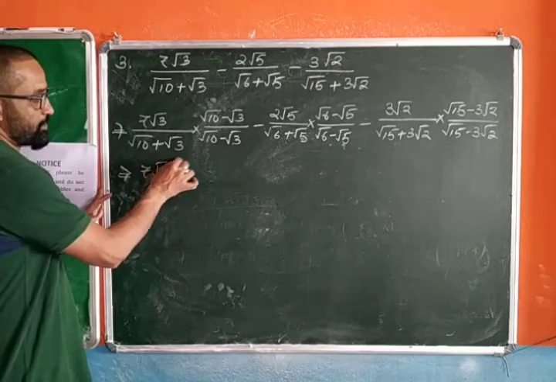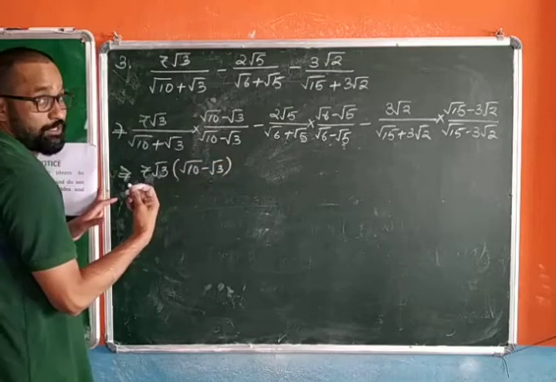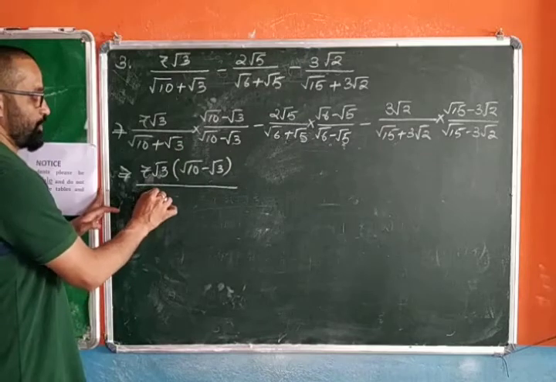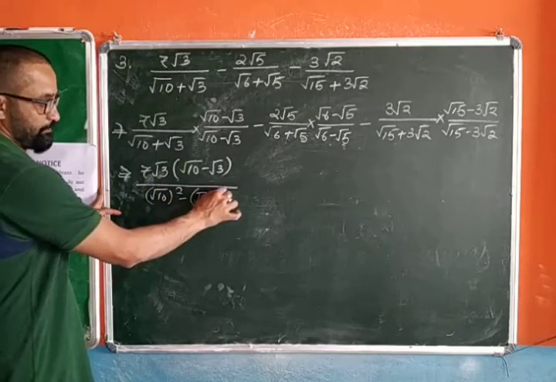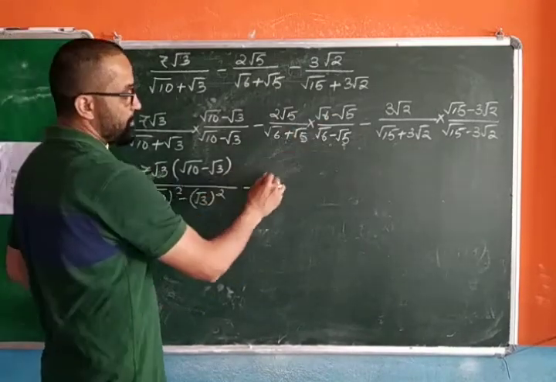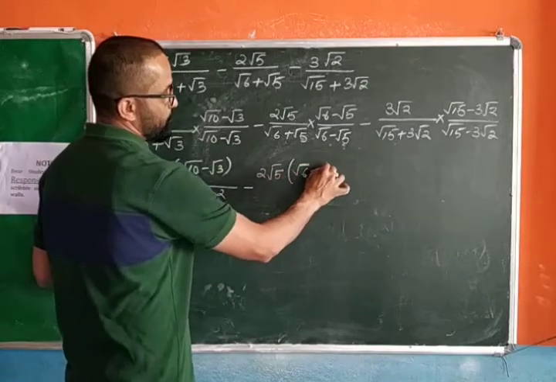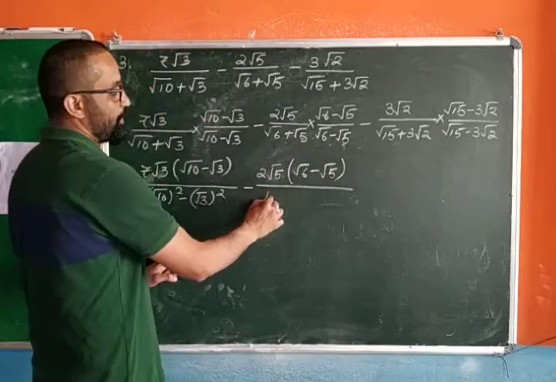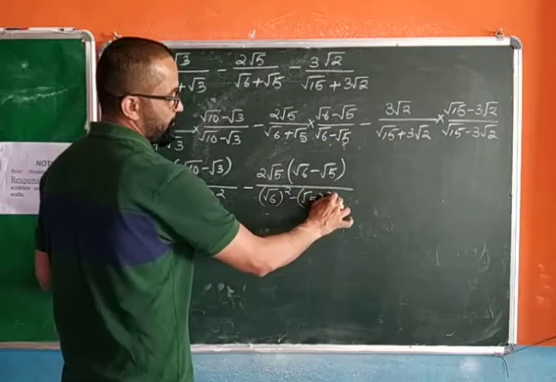Once you proceed with rationalization, then multiplication. 7√3 multiplies (√10 − √3). Keep it inside the bracket and use the algebraic formula (a + b)(a − b): √10 whole square minus √3 whole square. Then we write the minus sign here. Again multiplication, 2√5 bracket (√6 − √5), again the algebraic formula: √6 square minus √5 square.